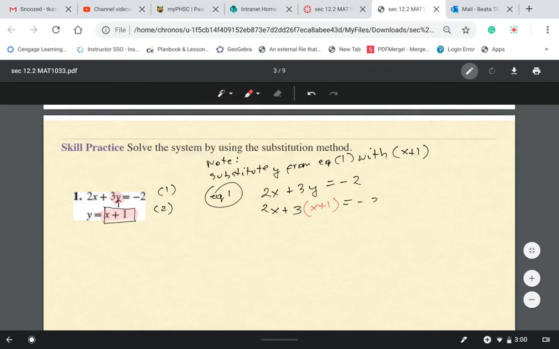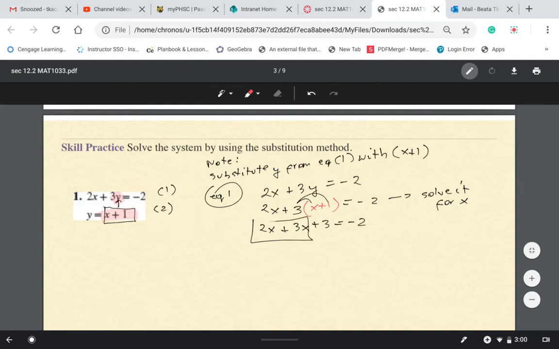Equal negative 2. So again, the same equation, we're replacing y with x plus 1, because now we have a nice equation which only has one variable. So when we have that, we're going to solve it for x. So we have 2x plus 3x plus 3 equal negative 2.